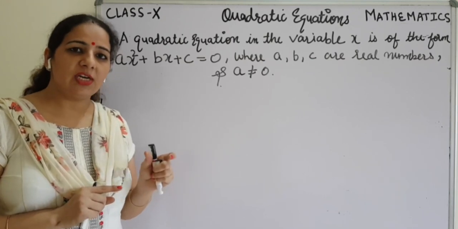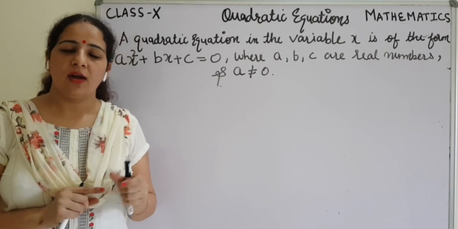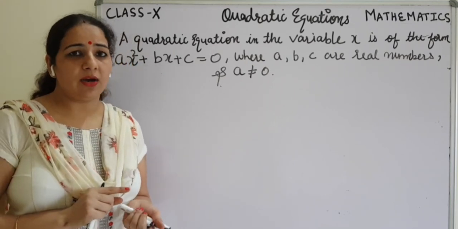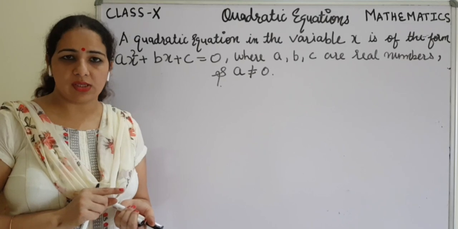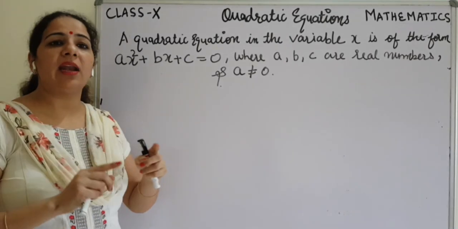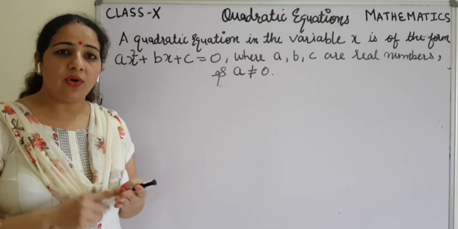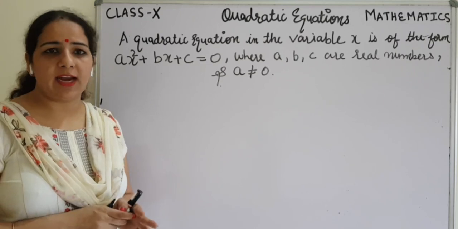If an equation has an under root number, it doesn't mean that this is not a quadratic equation. It can be a quadratic equation because under root numbers are real numbers. So these a, b, c can be rational, irrational, fractions, decimals, non-terminating, terminating, any number.